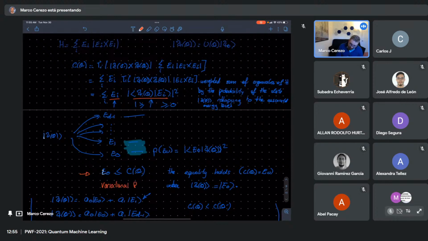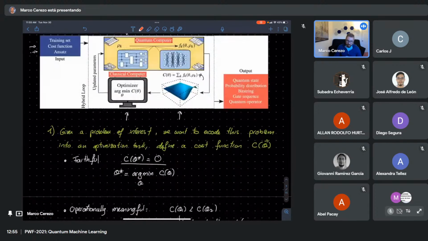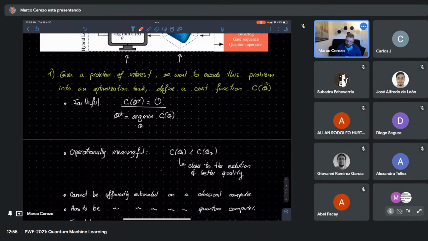And this is at the basis of guaranteeing that your ground state is going to be minimized at the solution. And a lot of times you have some quantum information principle, like the Variational Principle, that is going to guarantee that your solution actually corresponds to the global minima and not a local minima or a saddle point. That's the whole point of trying to define your problem such that, and that was precisely point number one, my cost function needs to be faithful.